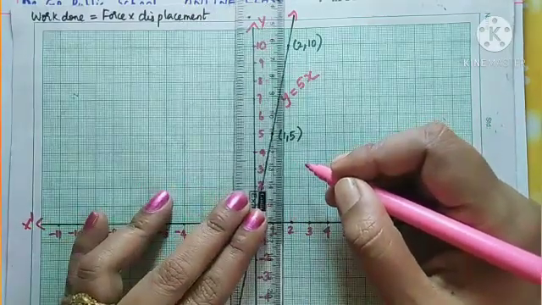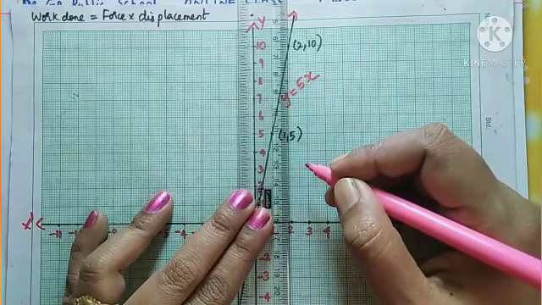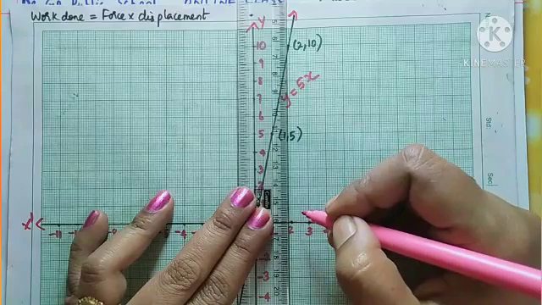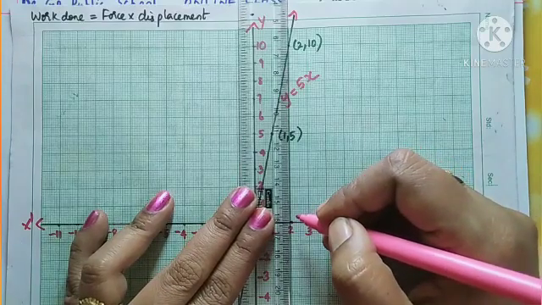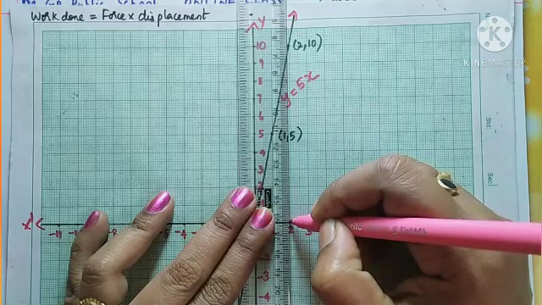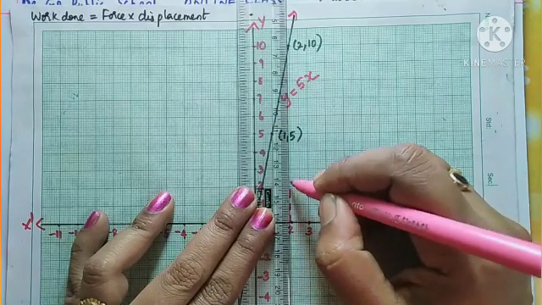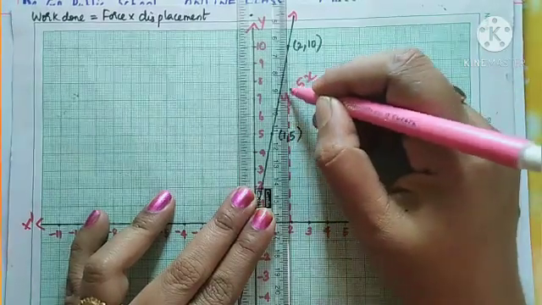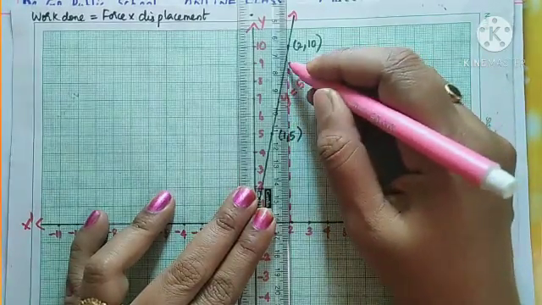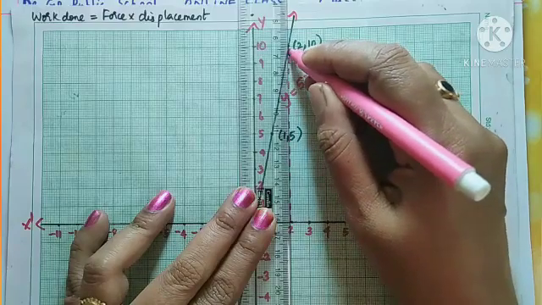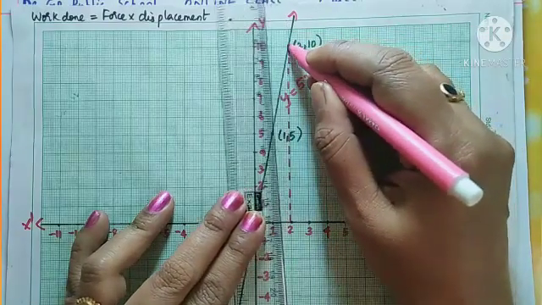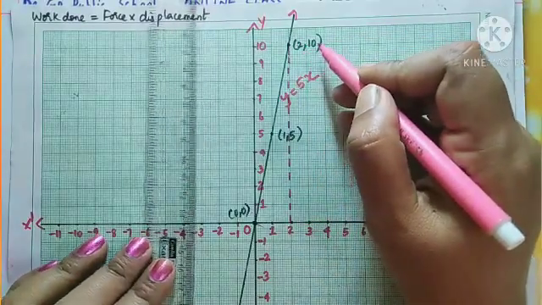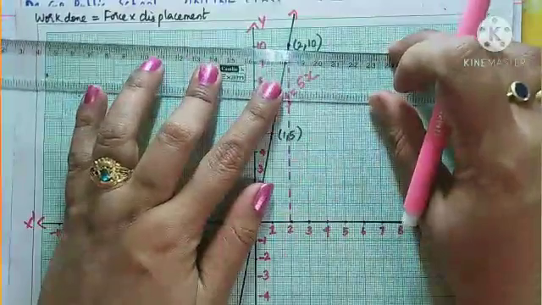If you take the ruler like this, when x equal to 2, you just take the ruler and join this 2 to our graph, that is the line graph we have drawn already. You just put it like this. Already we have found that answer. When x is 2, y is equal to what? 10, correct?